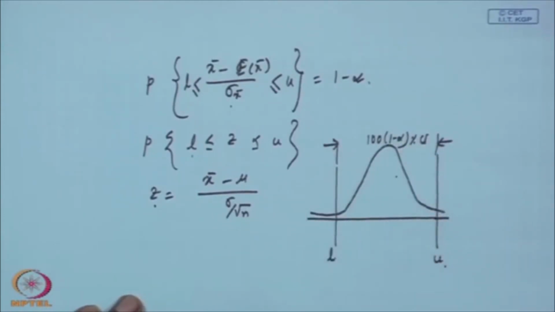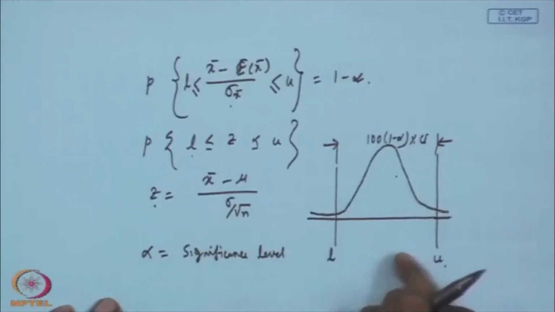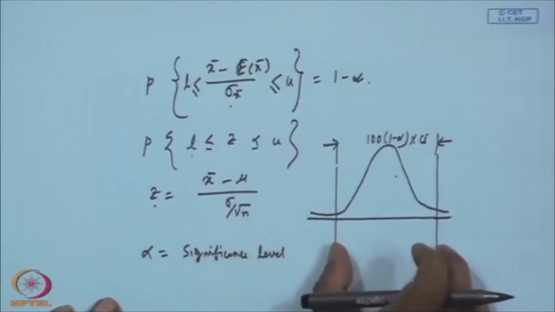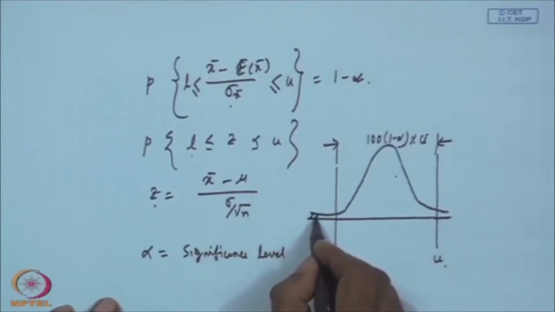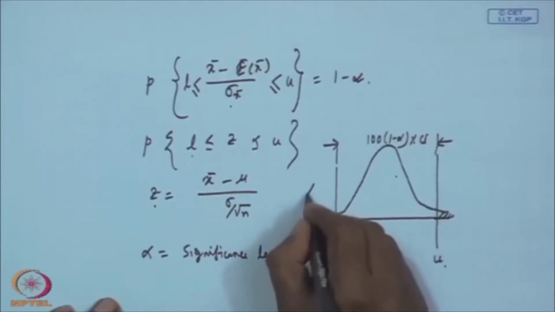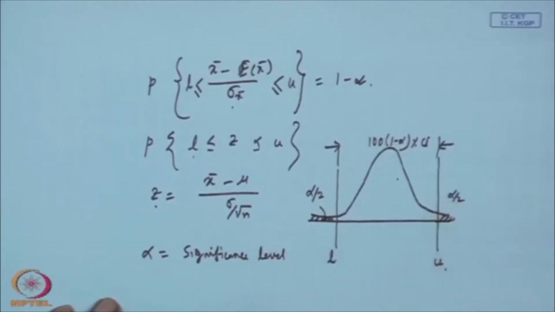What is this alpha? How do you determine this alpha? Alpha is known as the significance level. When this statistic, x bar minus mu by sigma by root n, is Z distributed, it is a two-tailed case. So, the left hand side and right hand side probability will be equally divided. The hatched portion here is alpha by 2, and here is alpha by 2.